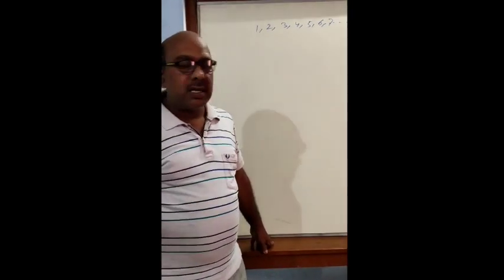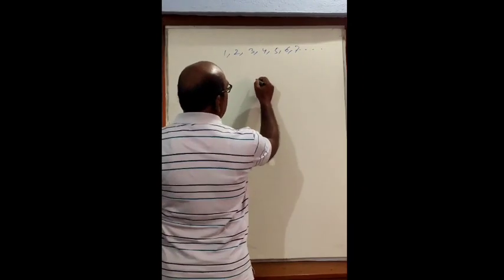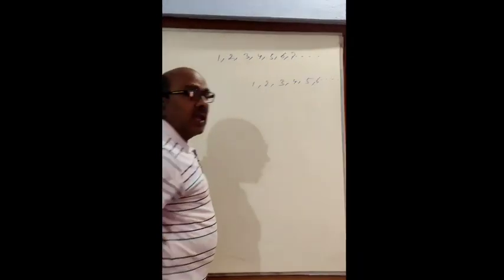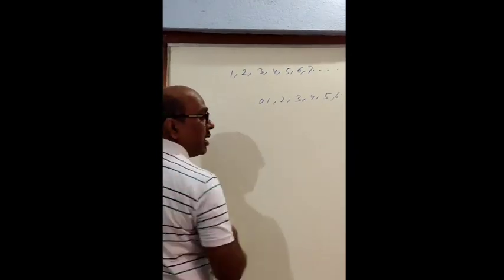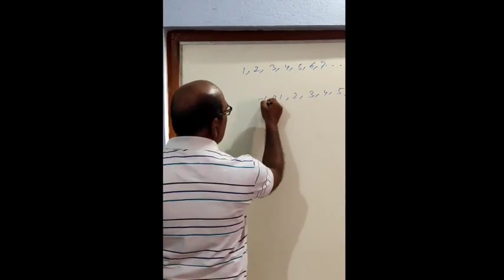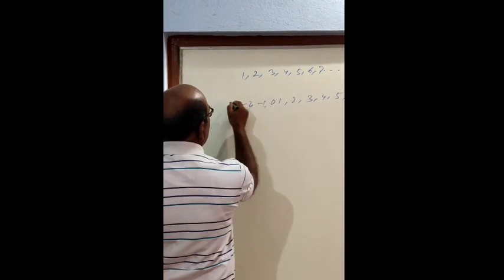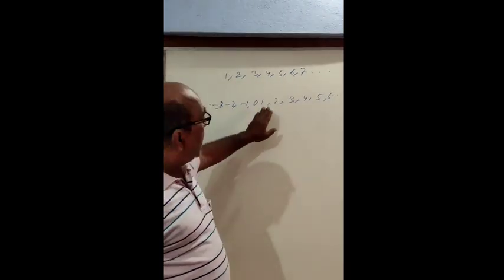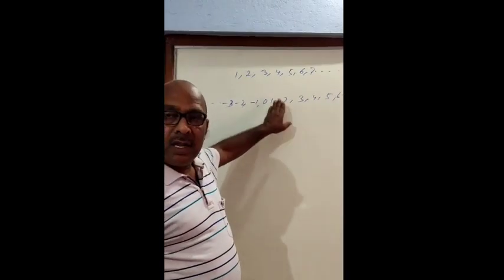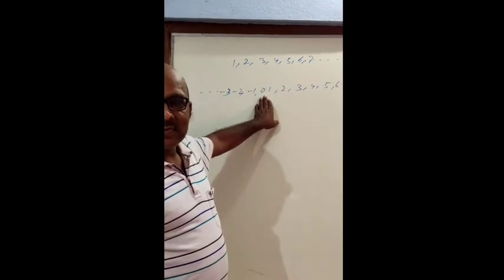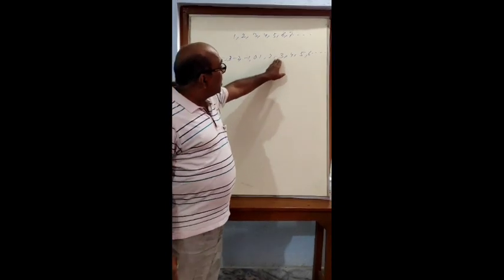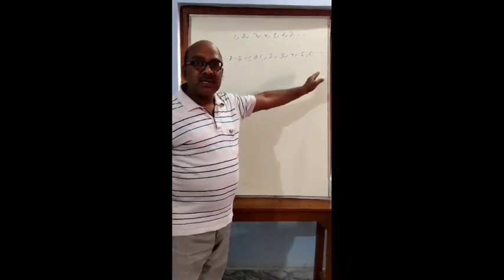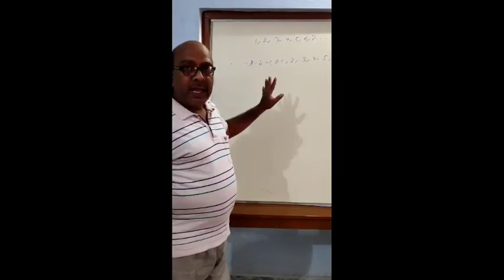This is the definition of an integer. Natural numbers 1, 2, 3, 4, 5, 6, ... and 0 are also integers, and -1, -2, -3, ... are also integers. Therefore, integers are natural numbers, negatives of natural numbers, and 0.